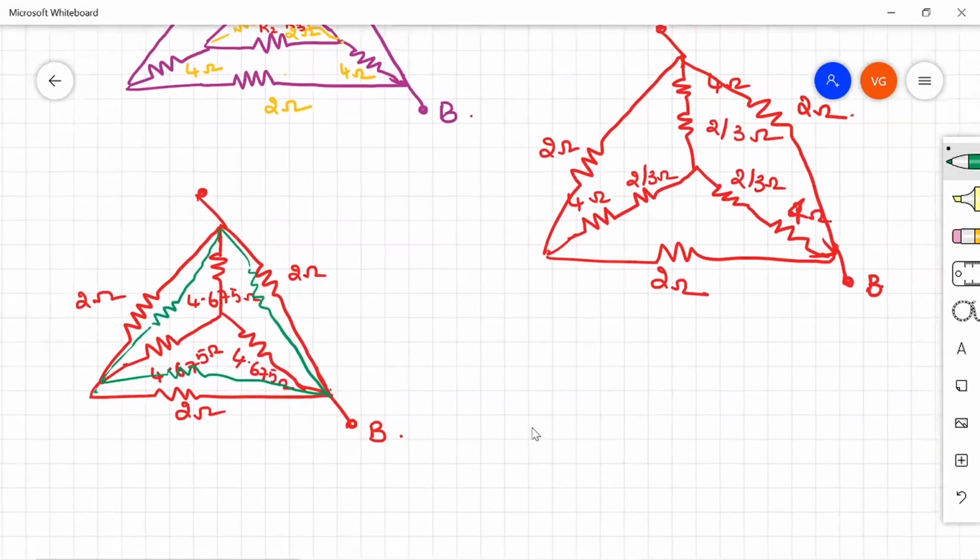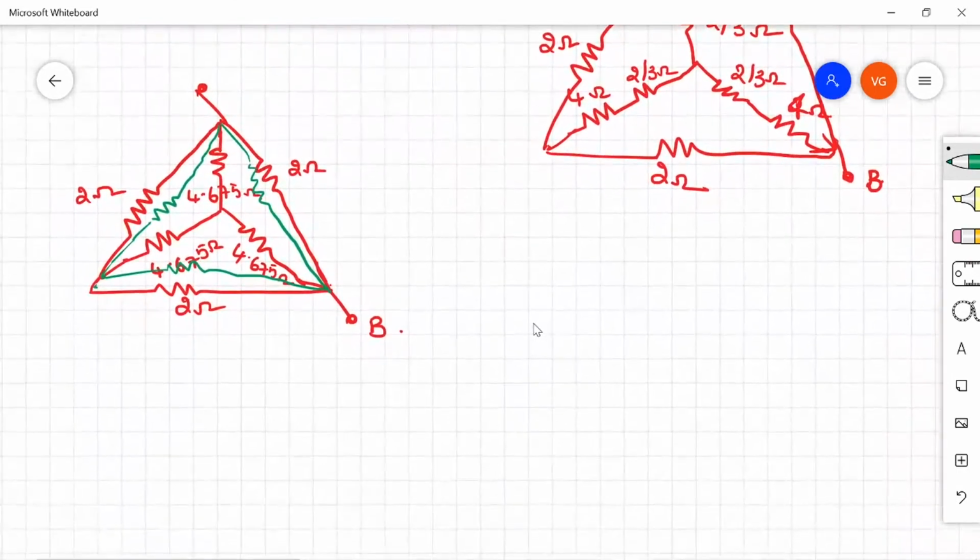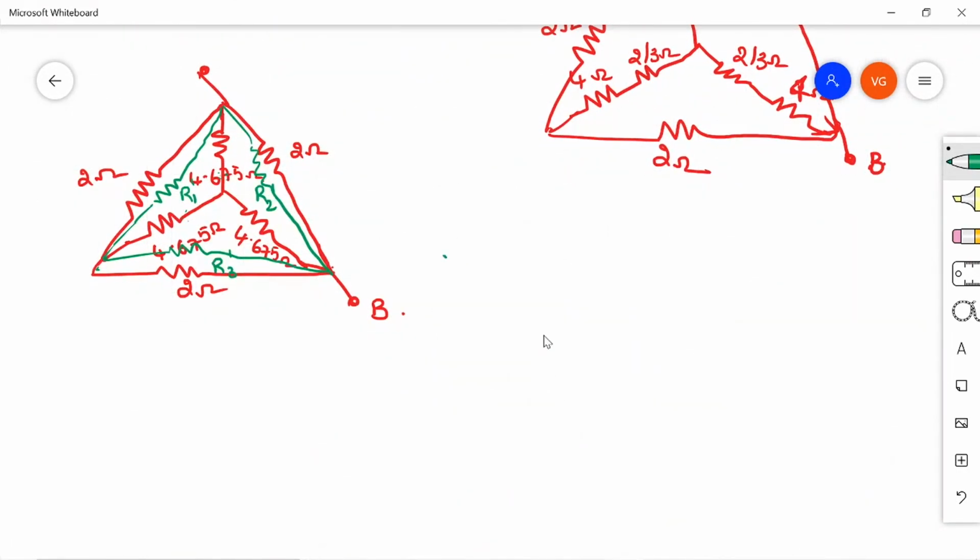Now let us see how to find this star to delta connection. Let us find R1, that is the resistance in delta, following star to delta.